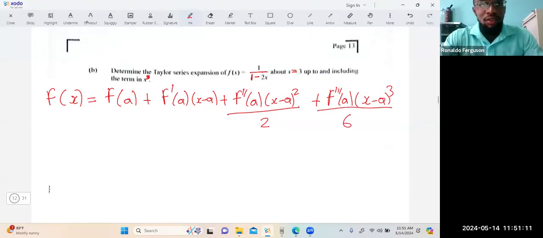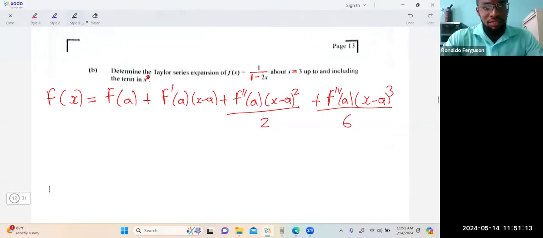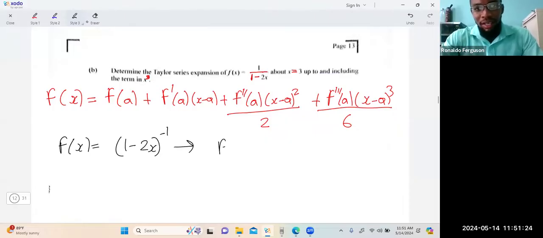So let's go ahead now and find the derivatives. So f of x equals 1 minus 2x to the negative 1. So that means f of 3 would be 1 minus 2 times 3 to the negative 1.